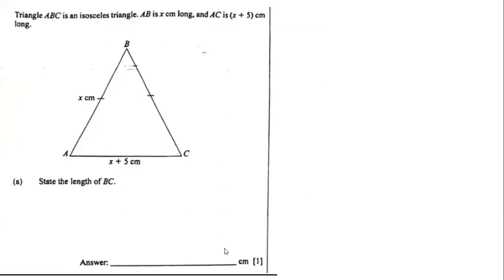A triangle that has two equal sides. An isosceles triangle means that two sides and two angles are equal.